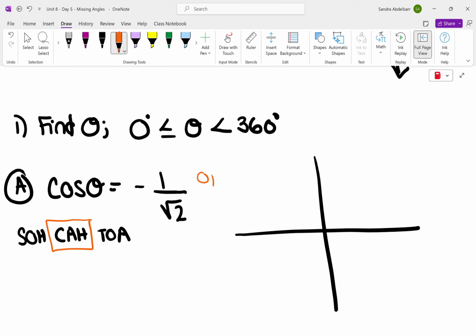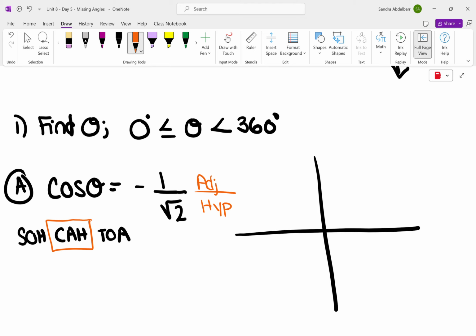It pairs the opposite side over the hypotenuse. Right, now, oh, sorry, it is adjacent. I was just making sure you all knew that. I can't be perfect all the time. All right, so it's the adjacent over the hypotenuse.